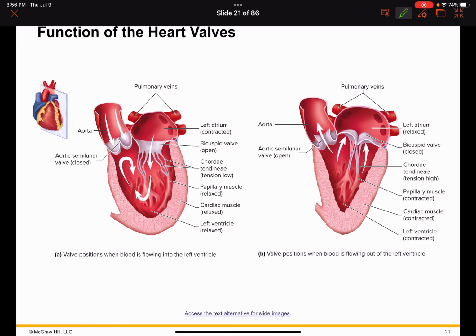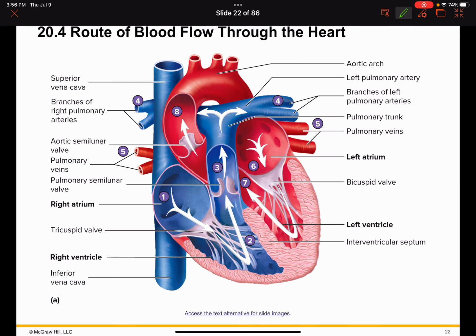The function of the heart is one-way flow, going in different directions. Make sure you know the flow. First, deoxygenated blood comes to the right atrium, through the tricuspid valve to the right ventricle.